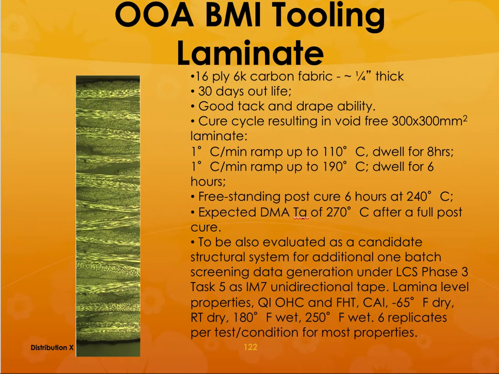One of the applications is that BMI can go up to 400 degrees Fahrenheit. So you can use these materials for making tooling for graphite epoxy materials that need to be cured at 350 degrees F. You can use BMI prepreg to make the tooling for molding graphite epoxy type of materials.